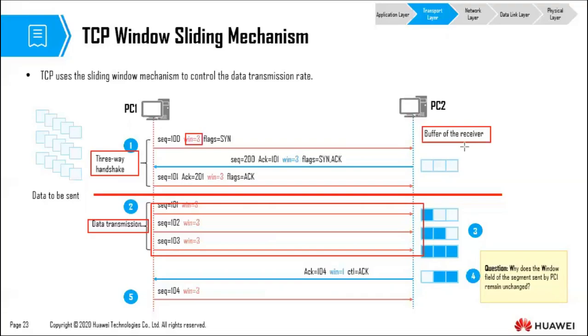So the buffer is what determines how much you can process at a go. If the buffer is a little bit full as you're still processing, you are allowed to change the window. Right now, our buffer is still a little bit occupied. So as we acknowledge that we've received up to 103, we now want 104.